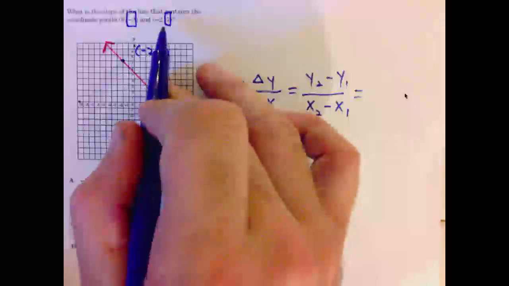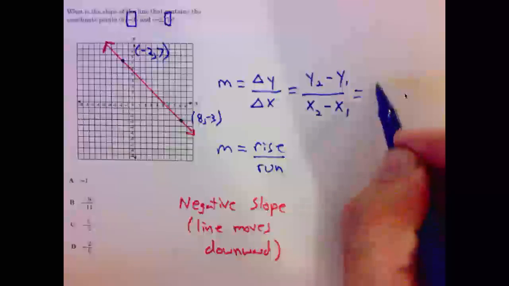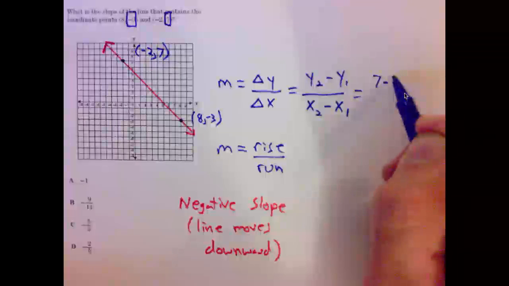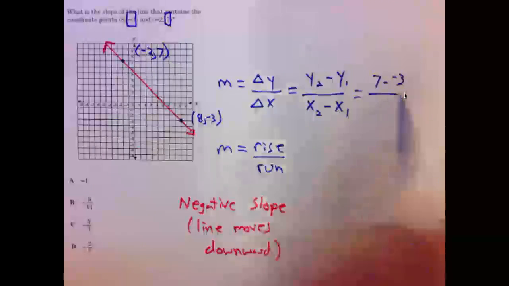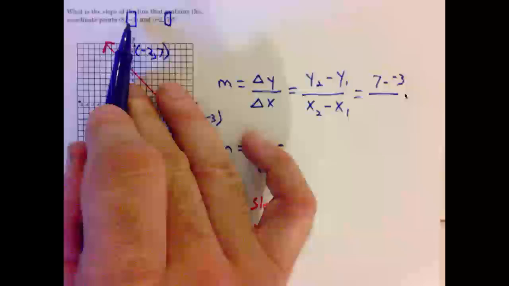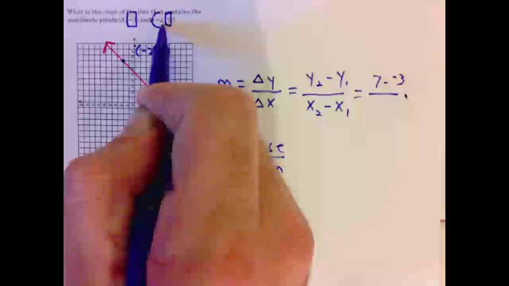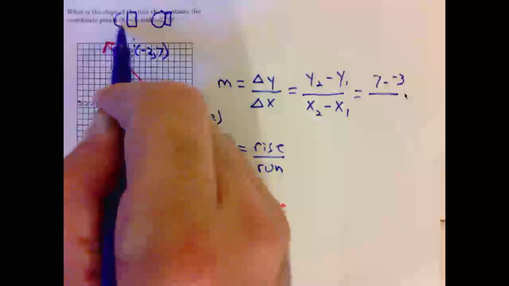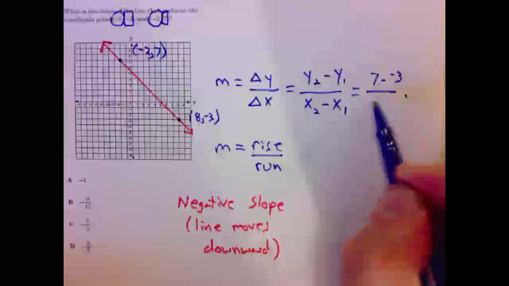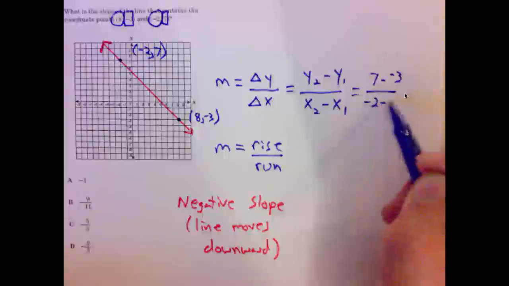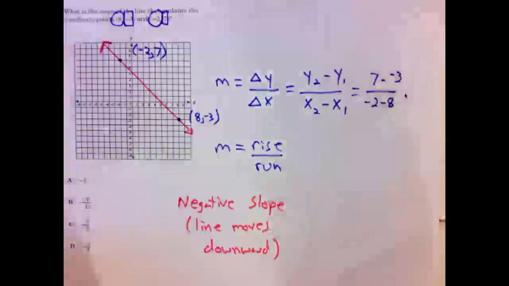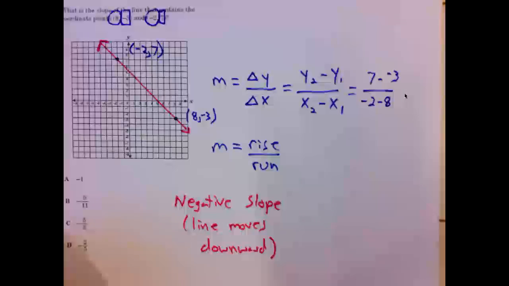I'm going to subtract 7 minus negative 3 in the numerator. Since I did 7 minus negative 3 in the numerator, I must subtract negative 2 minus 8 in the denominator. Negative 2 minus 8.